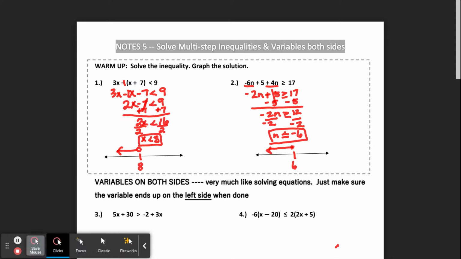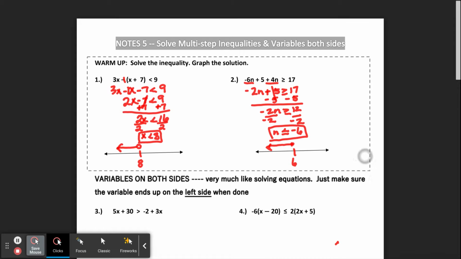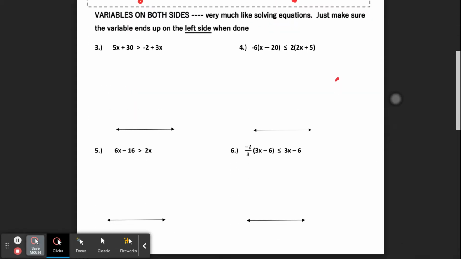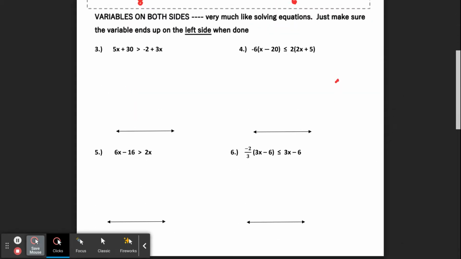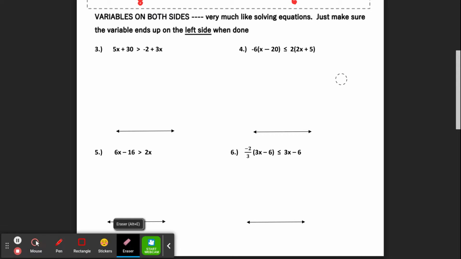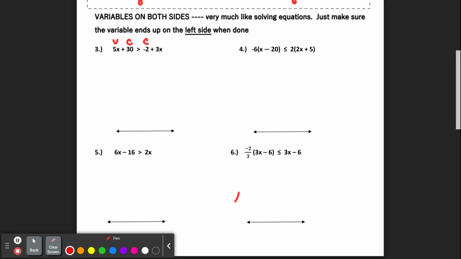All right, now what we're going to do is solve inequalities with variables on both sides. So on problem 3, we have a variable term and a constant over here, and a constant and a variable term over there, so you're balanced.